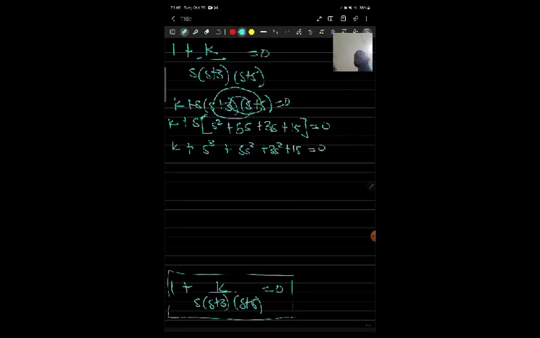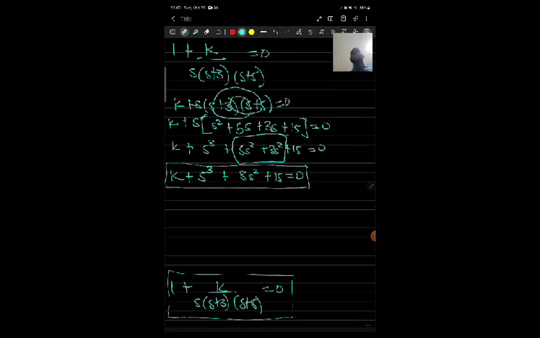So we can look into the equation we have right now. We can see 5s squared and 3s squared look alike. So we can say k plus s cubed plus 8s squared plus 15 equal to 0. Right now we have a final equation which can help us find the value of k.